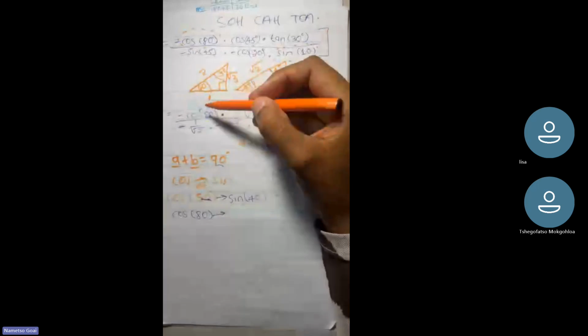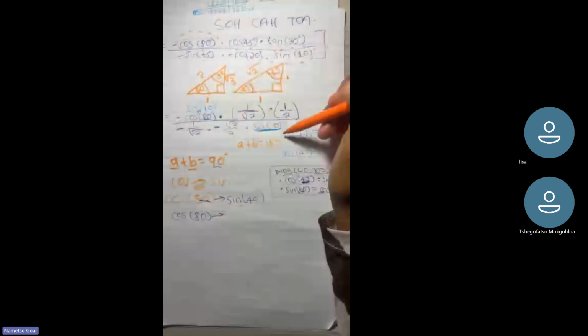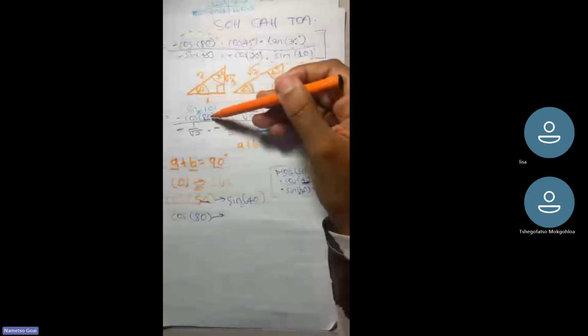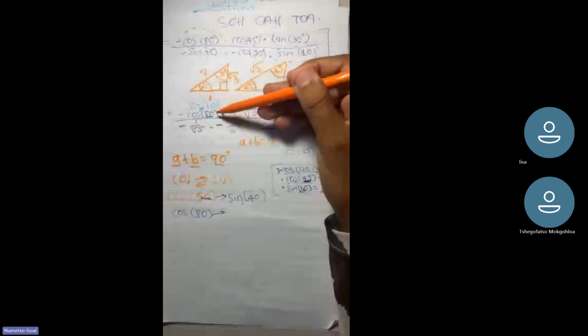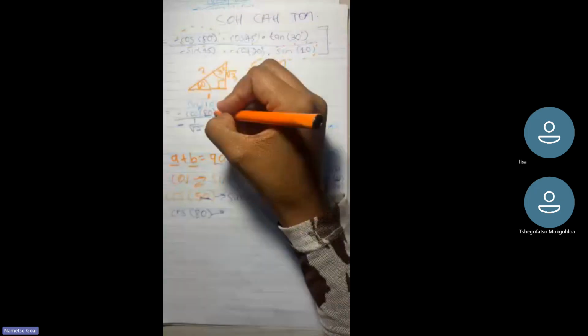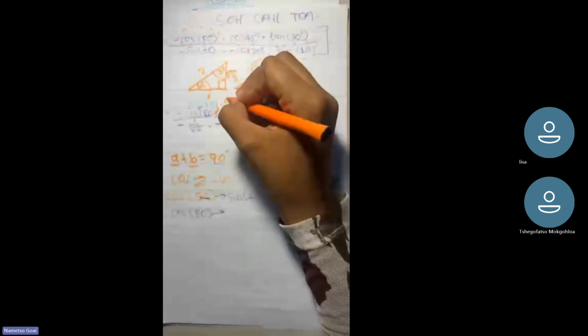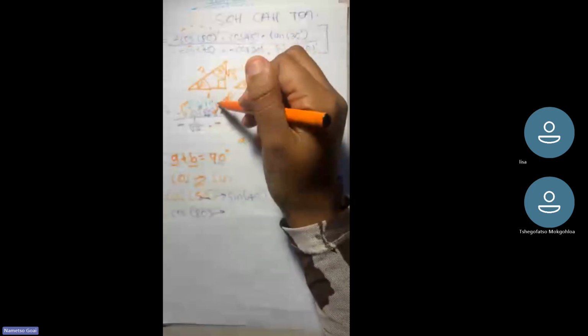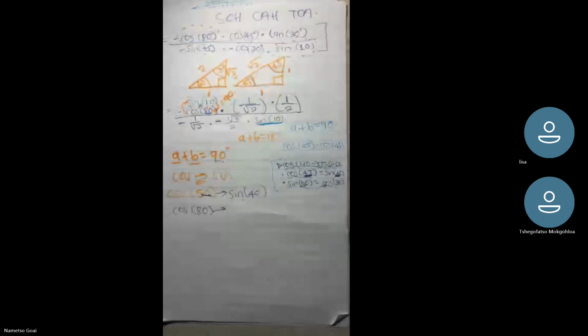From the cos 80 and sine 10, you could just realize that this cos 80's cofunction is indeed sine 10, because 80 plus 10 gives you 90. And what is the cofunction of cos? It's just sine. So instead of writing cos 80, you could rewrite it as its cofunction, sine 10.